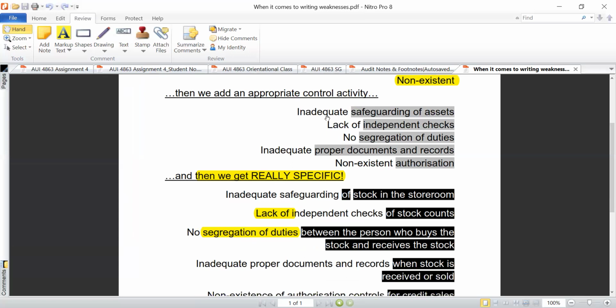If you say there's inadequate safeguarding of assets, give us a reason based on the evidence in the scenario. You can say there's no safeguarding of assets in place since they do not have any form of CCTV cameras, and there's no security personnel monitoring the entry and exit point to the warehouse section. What have I done? I've specified why there's no safeguarding of assets. Do you understand, guys? Am I making sense to you?